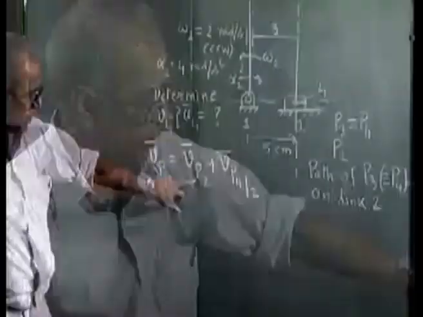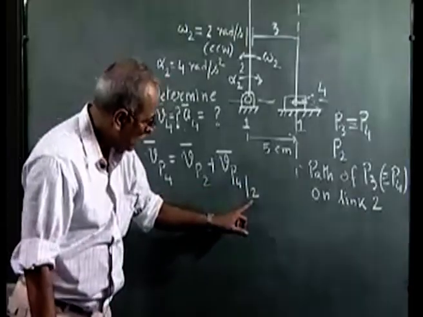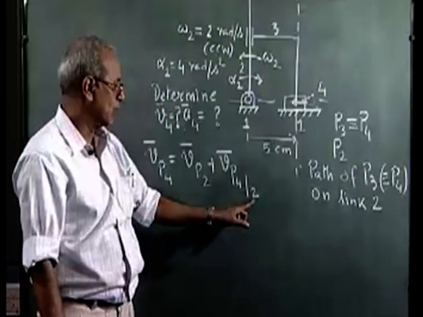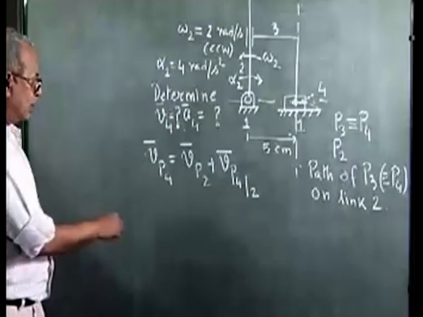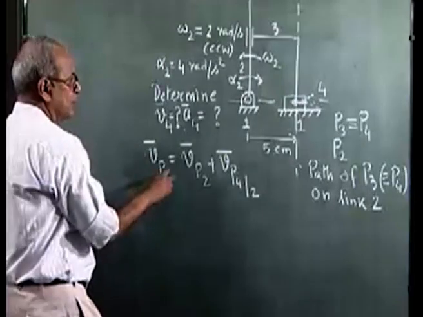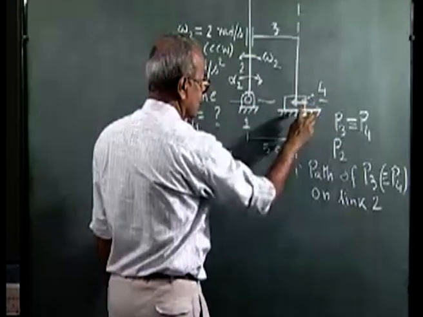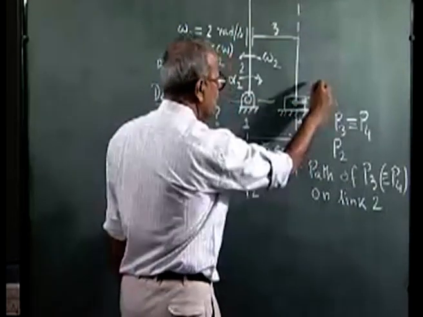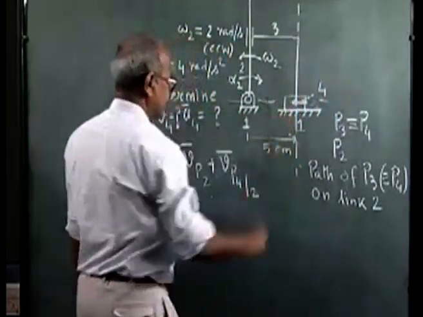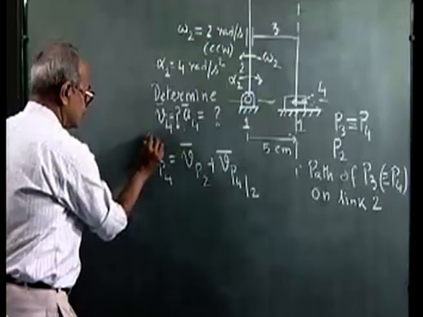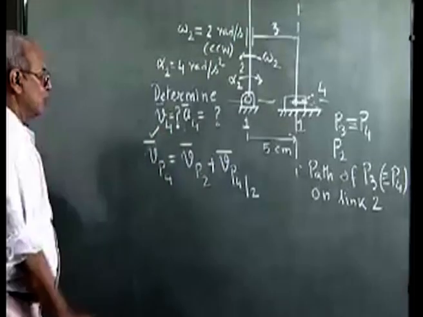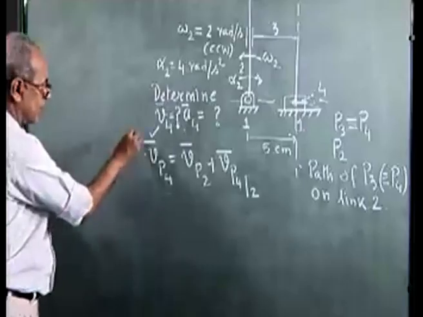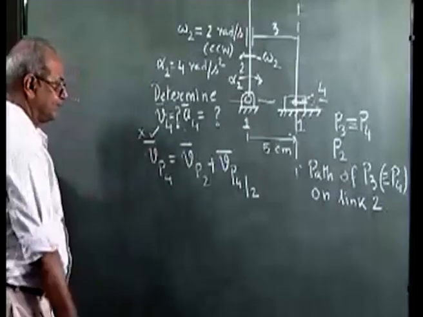Vp4 is Vp2 plus V4 as seen by an observer on link 2. Now we see that velocity of P4 has to be horizontal because of this prismatic pair in the horizontal direction between 4 and 1. All the points on link 4 must move horizontally. So I know the direction of Vp4, which is horizontal, but the magnitude is unknown.